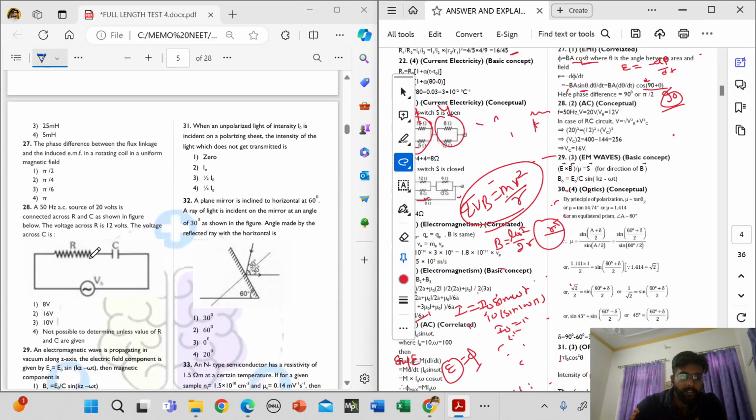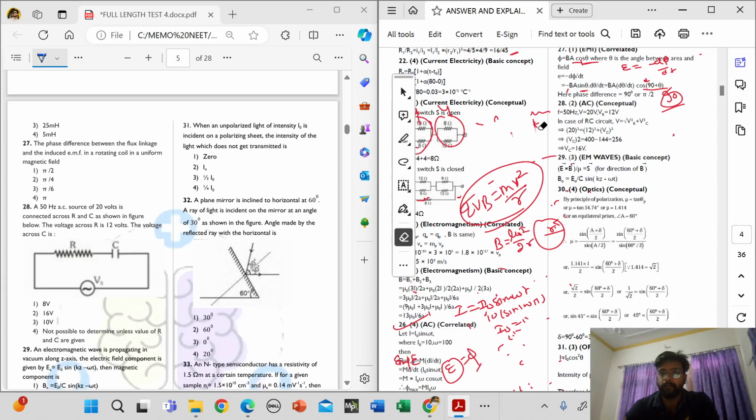Now 28th question. A 50 Hz source of 20 volt is connected across the R and C shown in the figure. Voltage across R is 12 volt, and the voltage across C we want to calculate. For the RC circuit, we know the given frequency is 50 Hz, the voltage source is 20 volt, and the voltage across R is 12 volt. For the RC circuit, the resultant voltage squared is equal to VR square plus VC square.